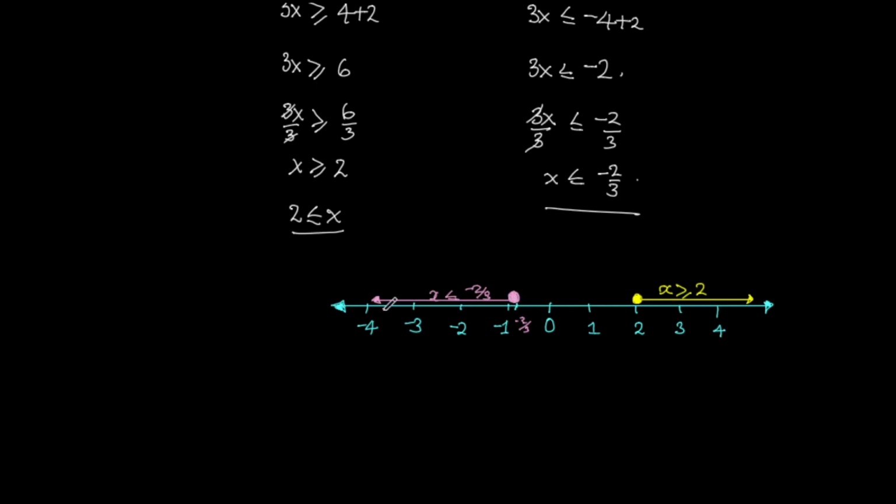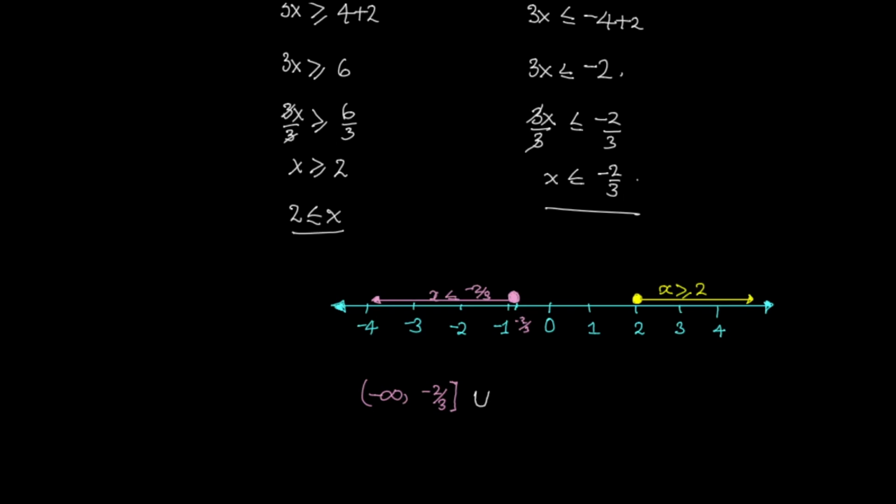The solution is from negative infinity, comma, up to negative 2 over 3. But because of this shaded region here, we can close this with a bracket, and we would say union.